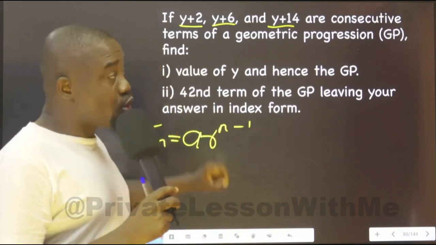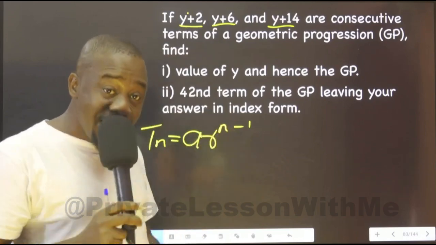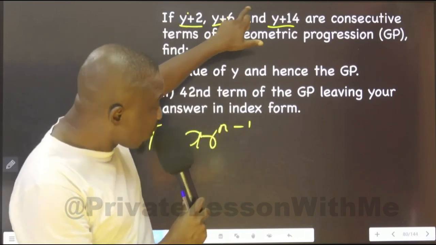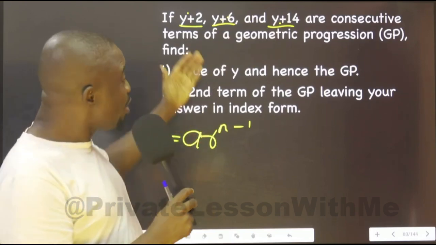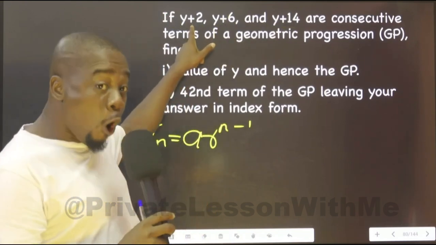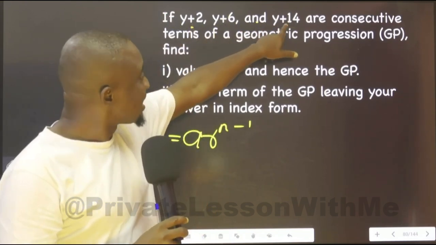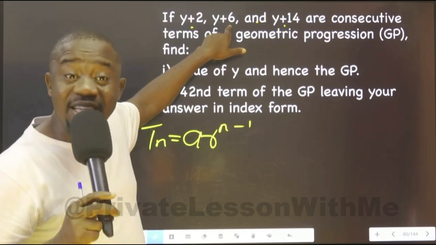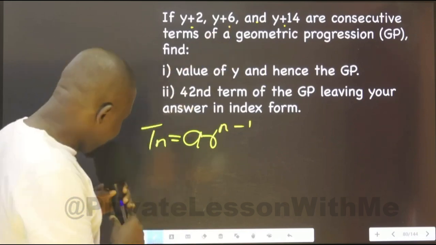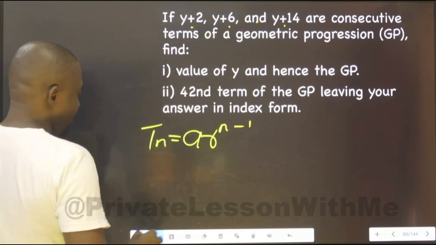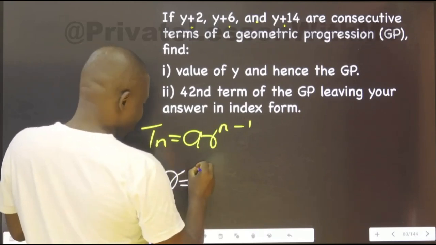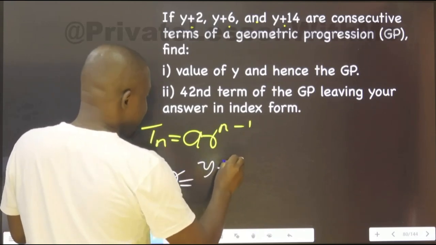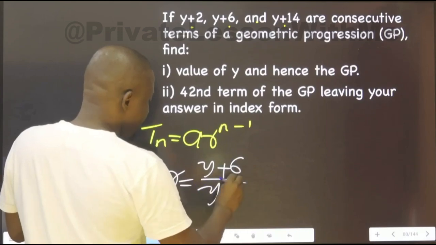The common ratio between these two is the same as the common ratio between this and this. Because if you want to get the common ratio, either you say this divided by this or this divided by this. You will still have the same answer. Therefore, we're going to say the common ratio is (y + 6) over (y + 2).